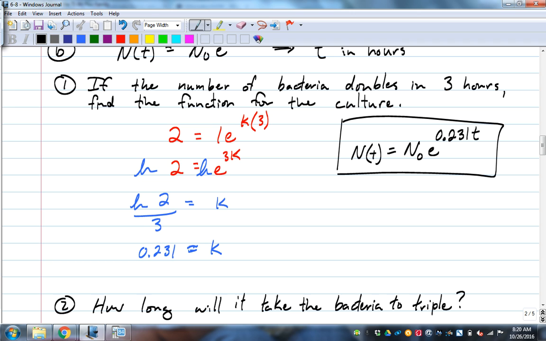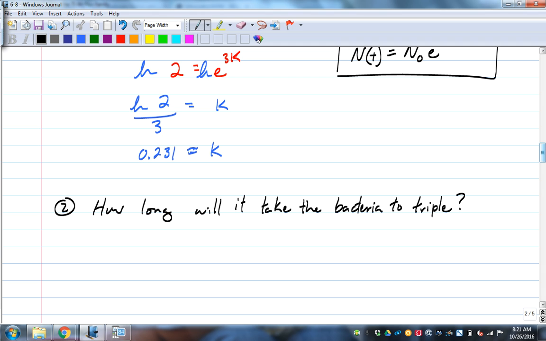That's what it asks us to find, the function for the culture. We needed that growth rate in there. Now, that just means for the culture that we still don't know how much we had to begin with. Doesn't matter how much we have to begin with. Once we get that information, we can crank out any amount at any time that we want to. All right, so let's look at part 2.